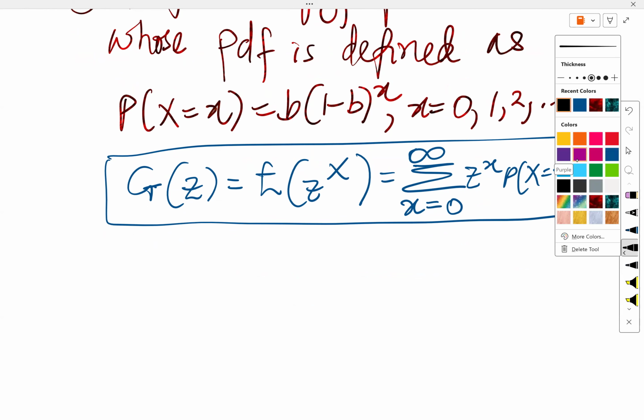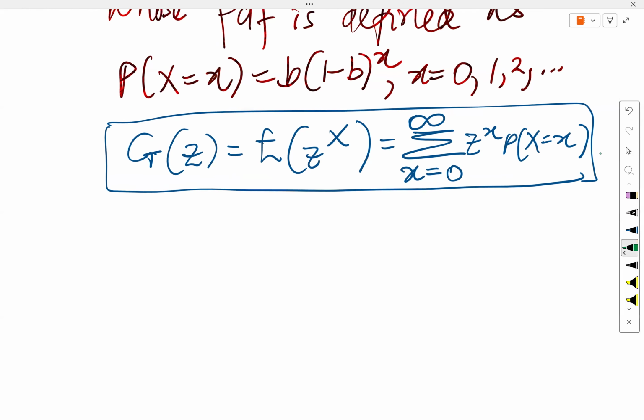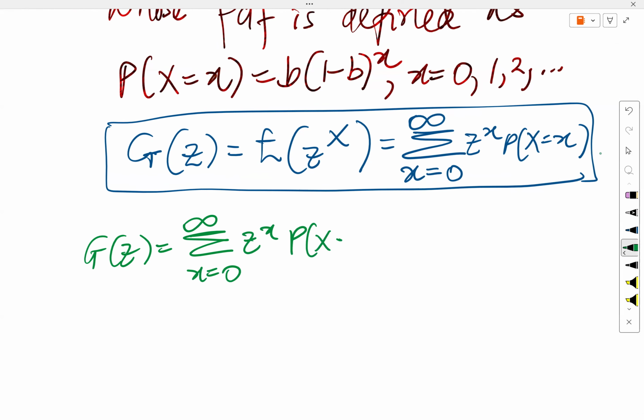Now, let's move on and talk about how to deal with this. Since we know G of Z to be that, we can say G of Z is equal to the summation from x equals 0 to infinity of Z to the power x, P of X equals x.